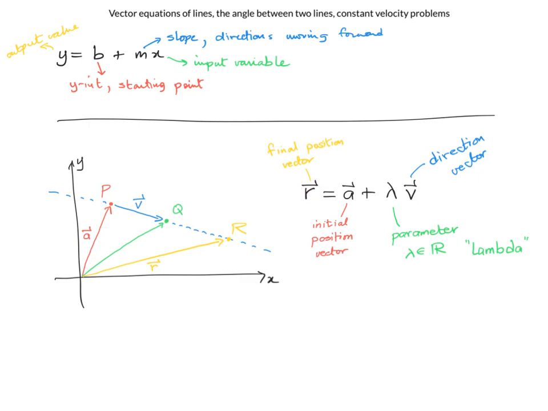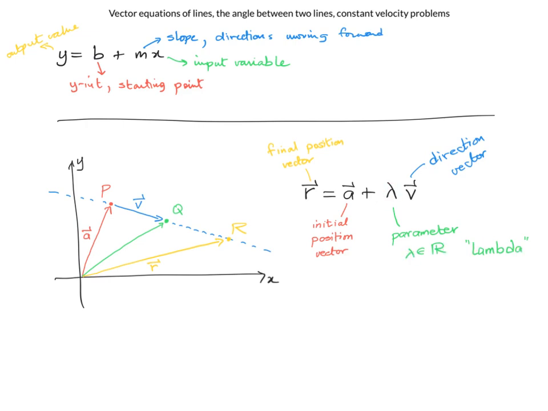So here's the vector version of that. R is the final position vector. It's like your output y. It's the final position vector for any point on the line. We start with the initial position vector, the A vector, which took us to the very first point, which could have been the y-intercept, but didn't have to be. And then we added on V, the direction vector, which is kind of like the slope, only it actually gave us a direction to follow, times a parameter or a real number, which here we're going to call lambda. That's the Greek letter lambda.